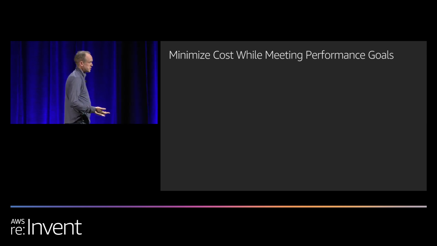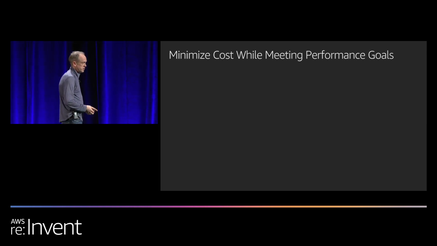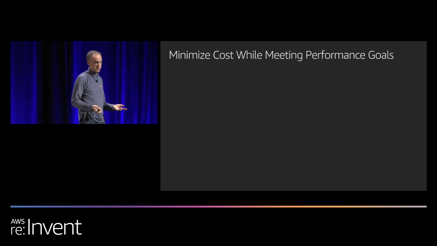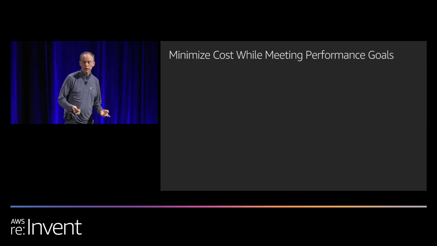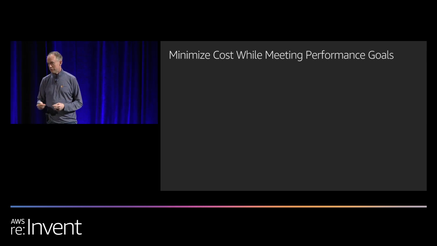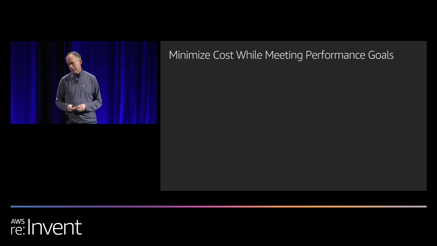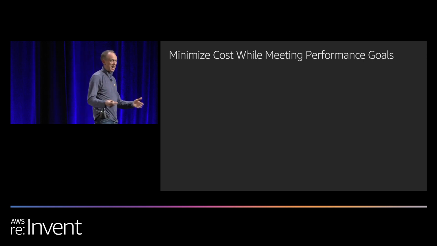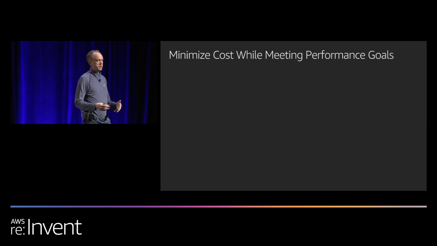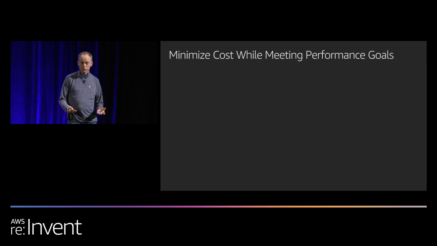In a business, it's usually the case that there's something that you've got to do if your business is going to succeed, right? Like if I'm selling stuff online, if my website isn't up and can't take orders, my business is not doing well. So I have to meet my performance goals, and when I do that, I want to do it at the lowest cost that I can.